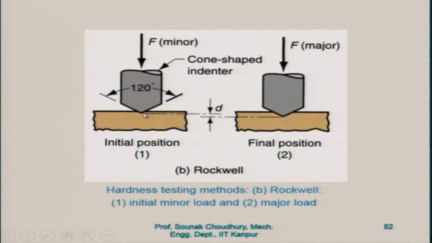So, the difference between these two, initially it was this line, then the final indentation is this. This value of d is used to find out the value of the Rockwell hardness, and the machine will itself estimate that and determine what the Rockwell hardness is.